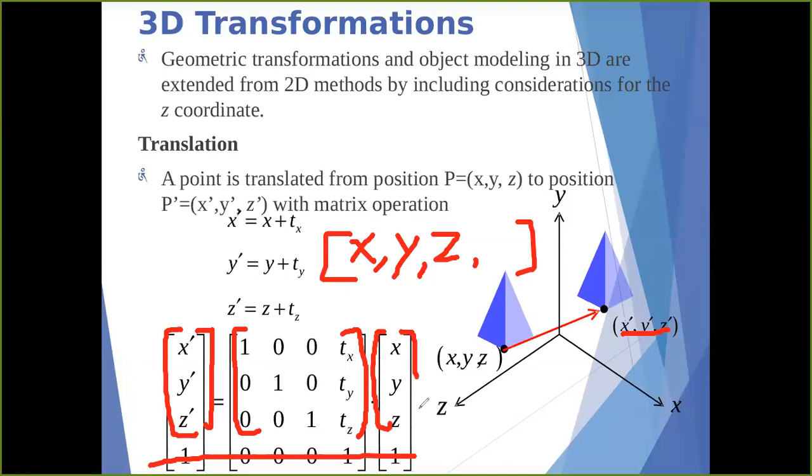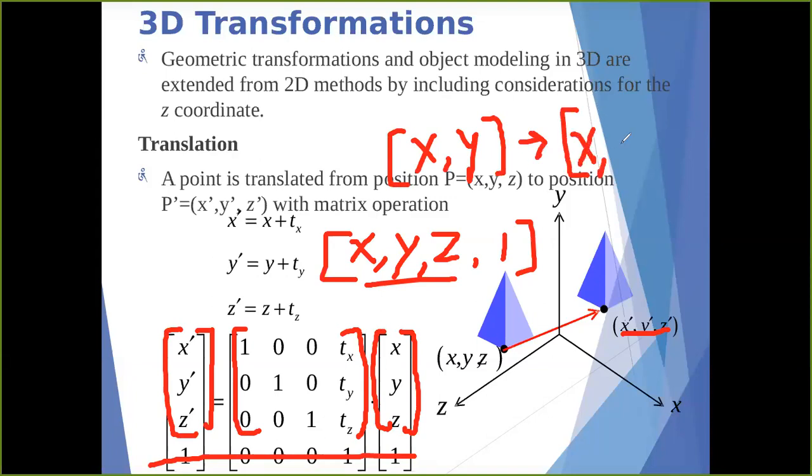Okay, but you are changing this coordinate, three coordinates, to include one. So like initially in previous classes you had 2D, so x, y, and you want to change it into homogeneous coordinates. So you have written x, y, comma 1.